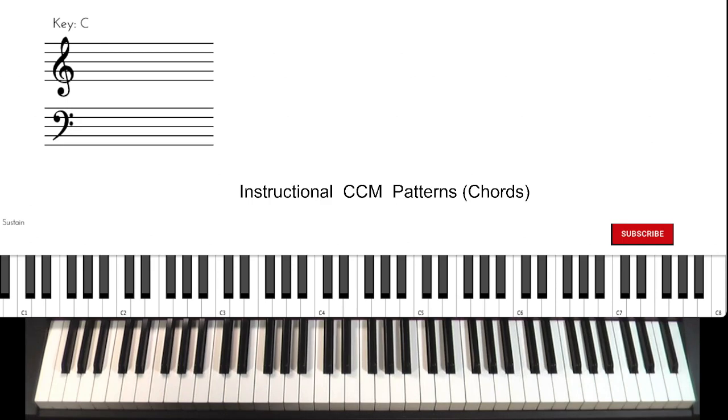We're going to look at the CCM chord patterns. I call this instructional. This is going to help you navigate the CCM chord structure. I've spent quite a bit of time listening to just about every genre of music that uses these chords, not just in the CCM format, but also in commercials and in the theme music that you find in movies.